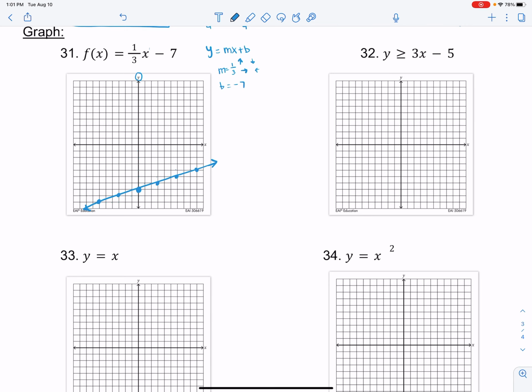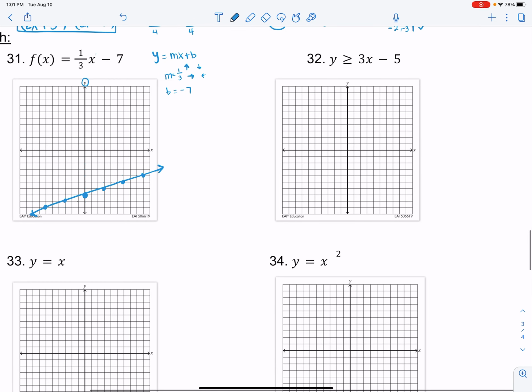All right, number 32. The only difference is the inequality instead of the equal sign. So we're going to graph the rest of it the same way. My slope is 3. My y-intercept is -5. So start on the y-axis at -5. Now, in order to use the slope, you need an up and an over, or a down and an over.